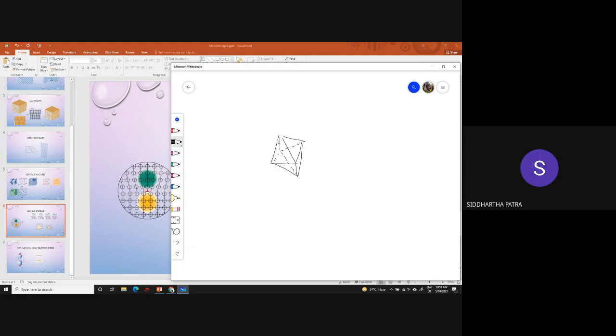It has 8 faces. Octahedron is one of the regular polyhedra; you see there is the tetrahedron, there is your cube, then the octahedron. There are 5 or 6 regular polyhedra possible in 3D.